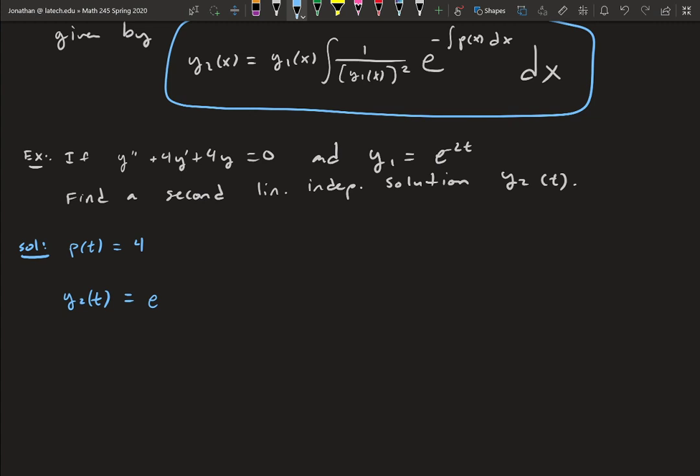Sorry about that. So we've got everything in terms of t. So y2 is going to be e to the negative 2t times the integral of 1 over e to the negative 2t quantity squared, e to the negative integral of 4 dt, and then dt.